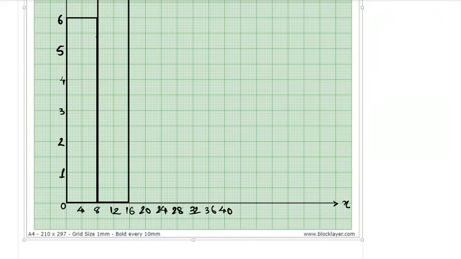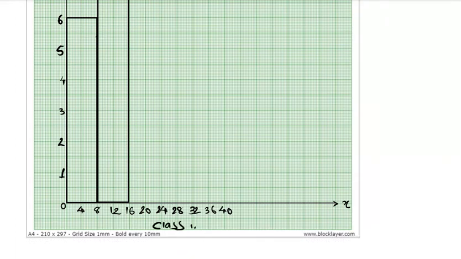Okay, over here I'm going to write class intervals, and here frequency, right? So class intervals, put an arrow like this, and frequency.